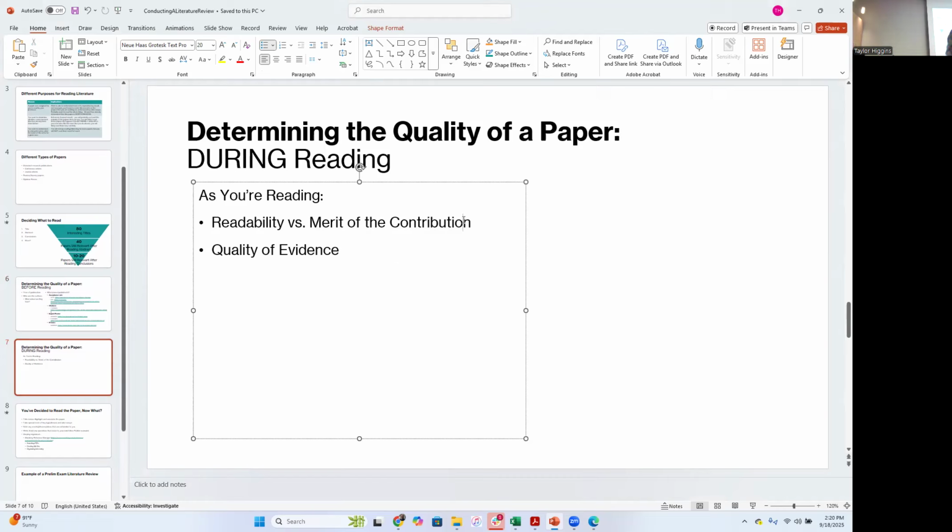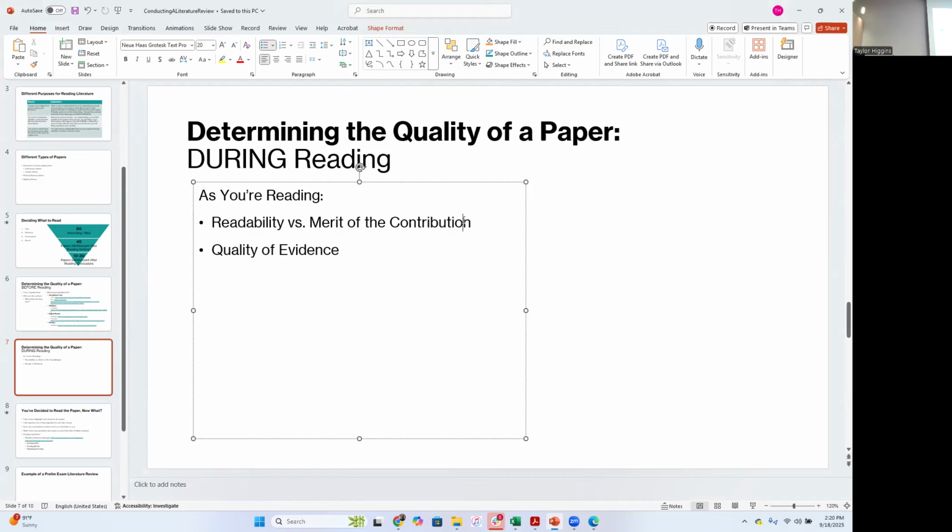And I try to make a very big deal over the fact that it's incredibly important for you to communicate clearly so that a more broad audience, like a room full of undergrads who have never read papers like this before, can get something useful out of it. So I almost equate readability with merit of the paper. And you're probably going to have a higher impact, but this is more important for you as a writer than it is for you as a reader.